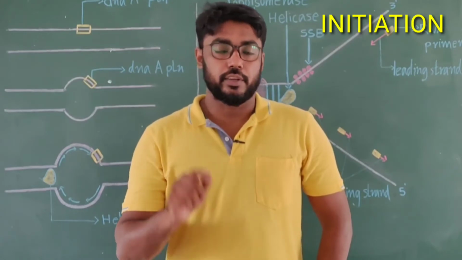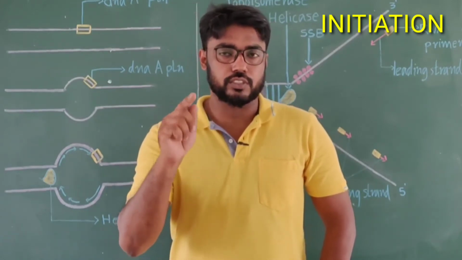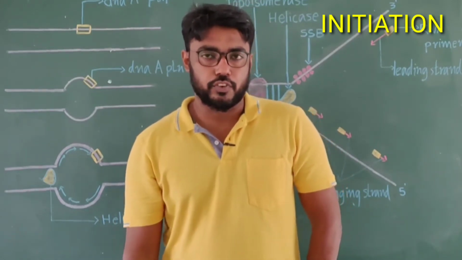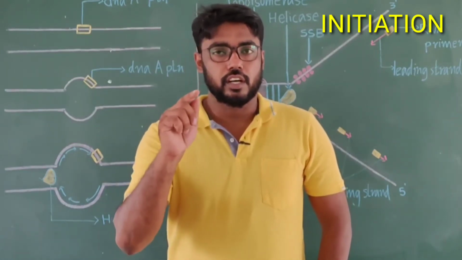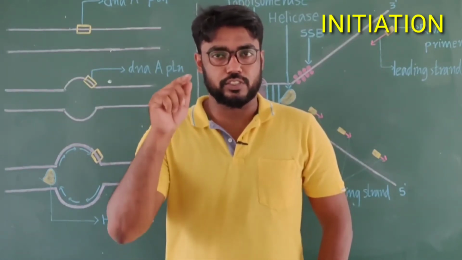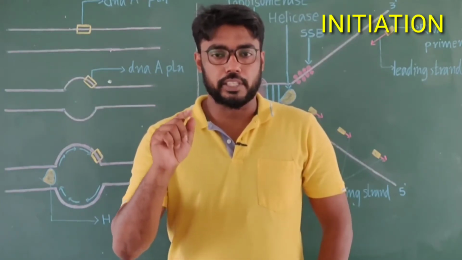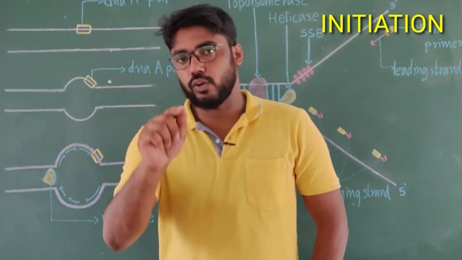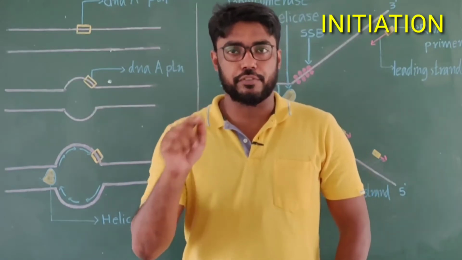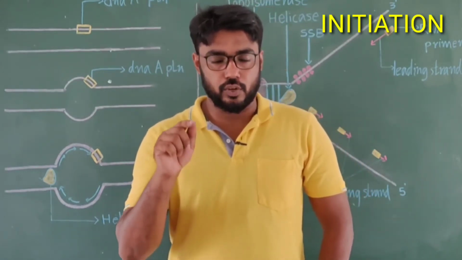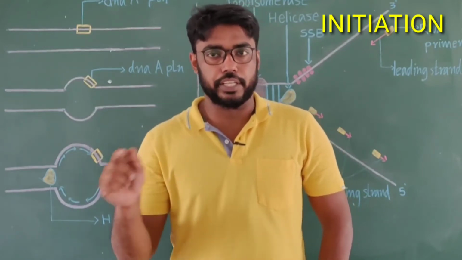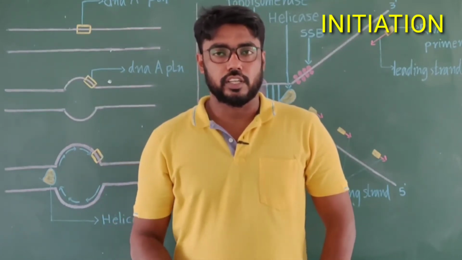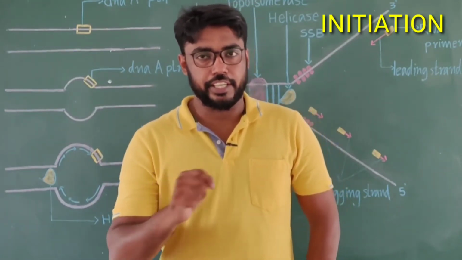In eukaryotes there are thousands of origins, and each chromosome contains many, so it is called multi-replicon. The E. coli chromosomal origin of replication contains a site for binding of the initiator protein.